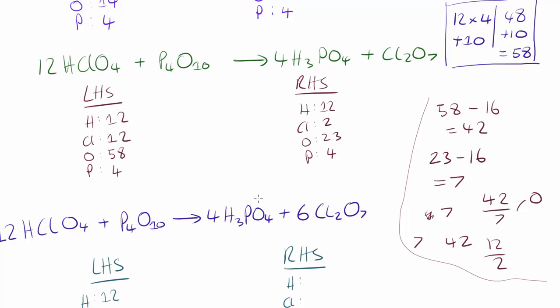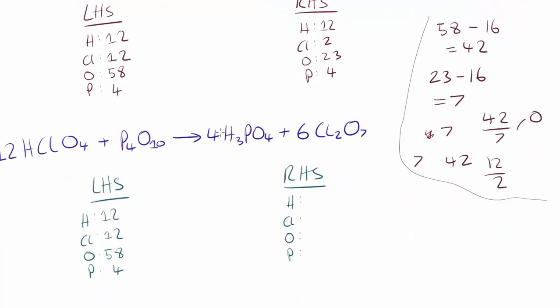We didn't add anything to phosphoric acid, so that would be the same, and we didn't change the number of hydrogens. These two elements don't occur in the species we added the 6 to, so they would be the same. So 4 times 3 is 12, the same as before, and 4 times 1, so that would be 4.